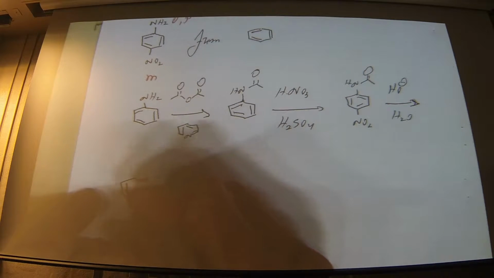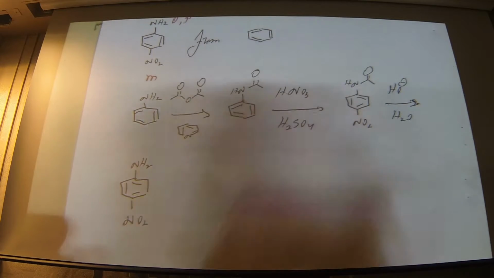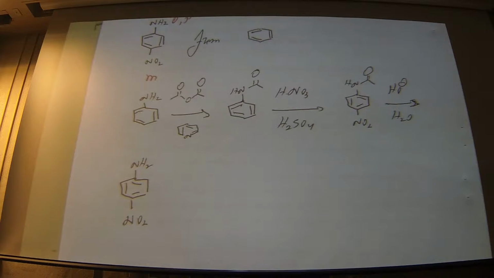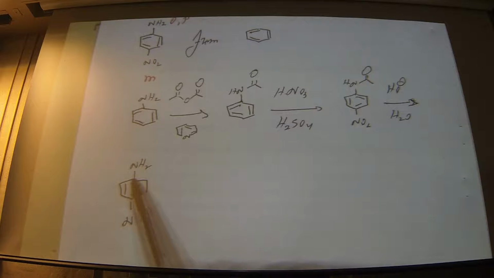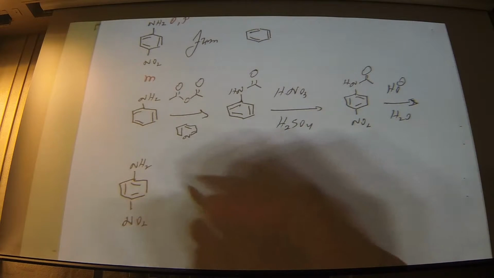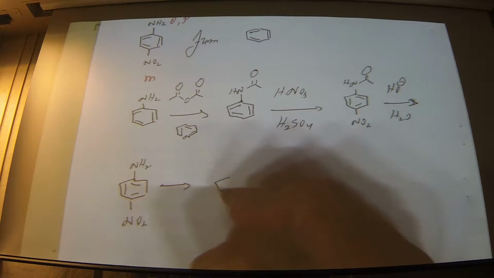Now, one thing I want you to notice is that the amino group and the nitro group are, of course, related. One is the oxidized form of the other, if you will. And you already know that in aromatic rings and others, you can start with a nitro compound and reduce it in a number of ways back to the amine. Now, you also know that anilines can be converted into what? Into diazonium species.